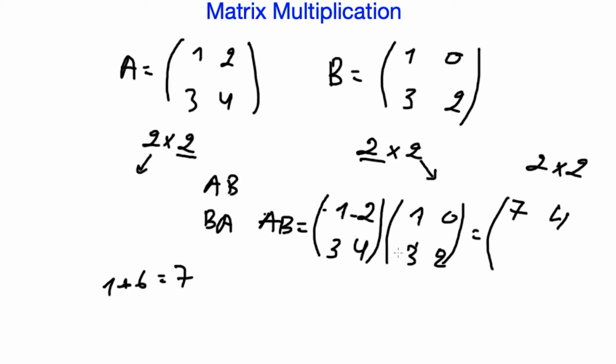The entry at this position is this row times this column: 3 times 1 is 3, plus 4 times 3, which is 12, so 3 plus 12 is 15. And the entry at this position is this row times this column: 3 times 0 plus 4 times 2, which is 8.